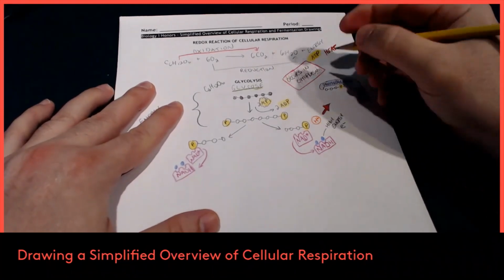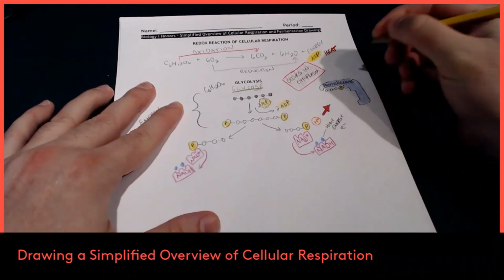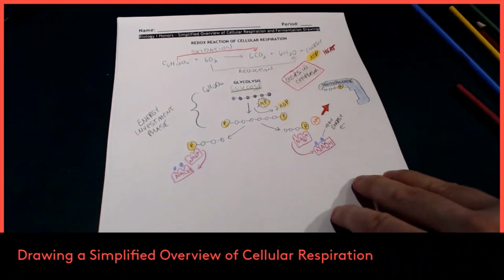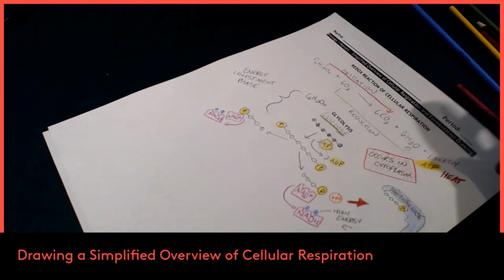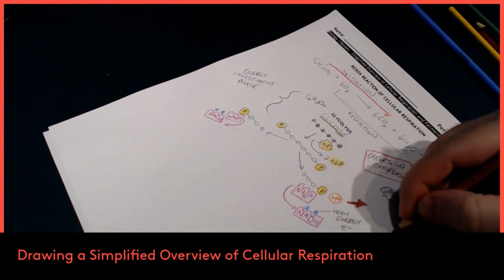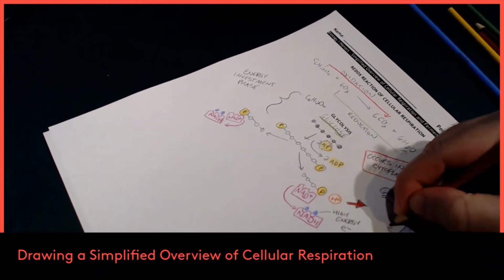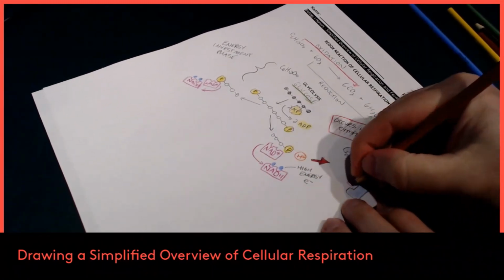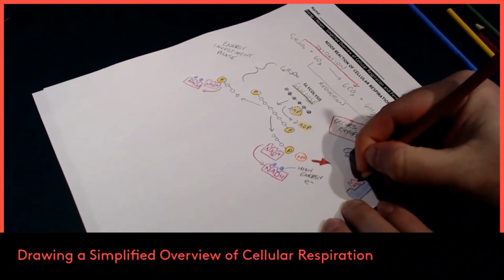All right. The other thing that's going to fit in here, if you remember, NAD plus is a coenzyme. So technically, this little guy can fit over here. Okay, so there's my NAD plus.